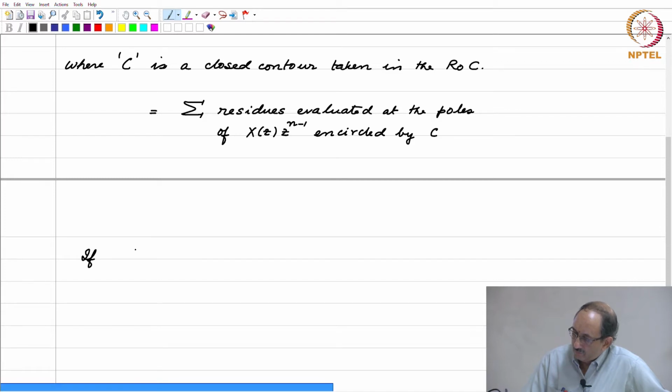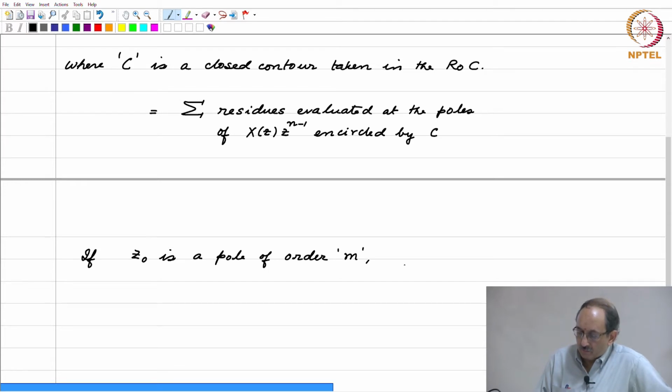if z naught is a pole of order m of x of z times z to the n minus 1, what we can do is explicitly factor that mth order pole outside.